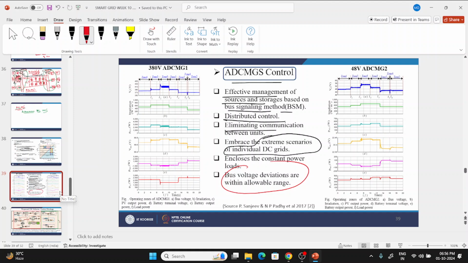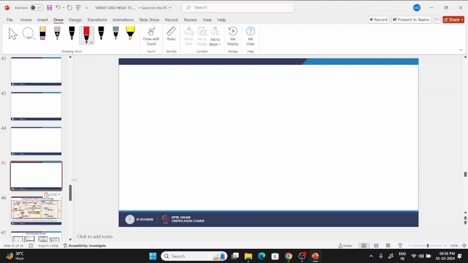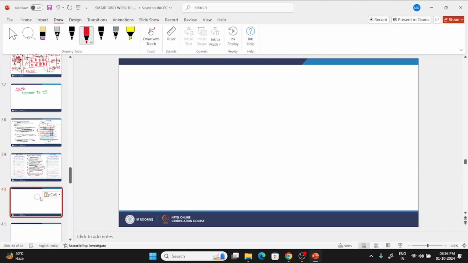Now we will talk about another thing here, which is the control strategy of the voltages, which is very important. I will give you a brief idea. I hope you have learned about it in detail in the lectures. Here I'm just giving you a brief idea regarding that.